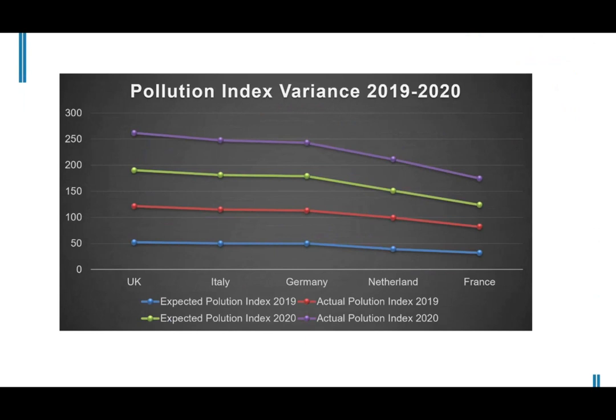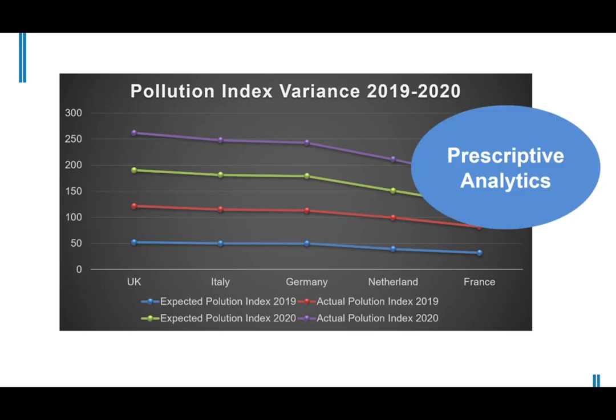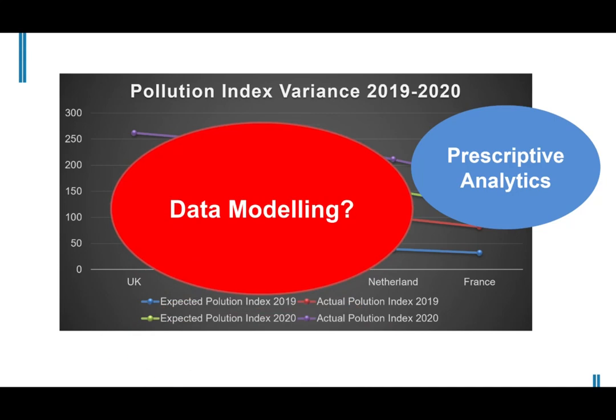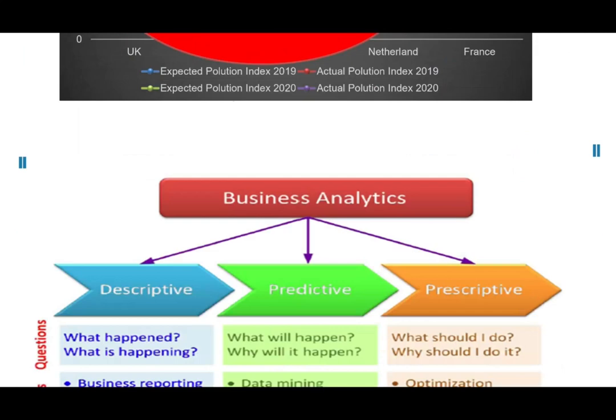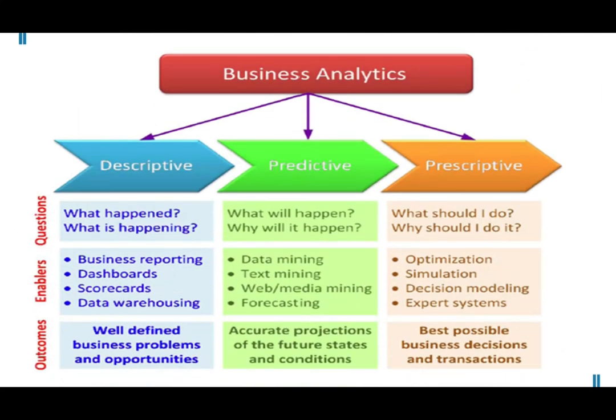As you can see here, the pollution index variance for these four countries is pretty clear, so we can compare between them to do the prescriptive analytics. To do so, we need data modeling. And again, if you go back to my first lecture, when I explained descriptive, predictive and prescriptive, we move from descriptive to predictive and prescriptive.